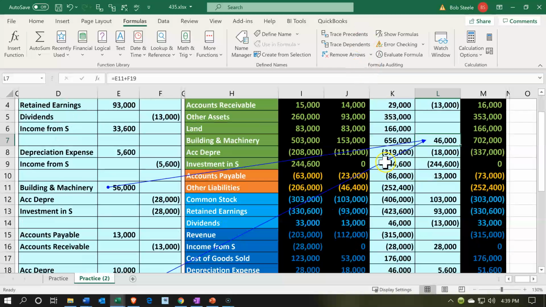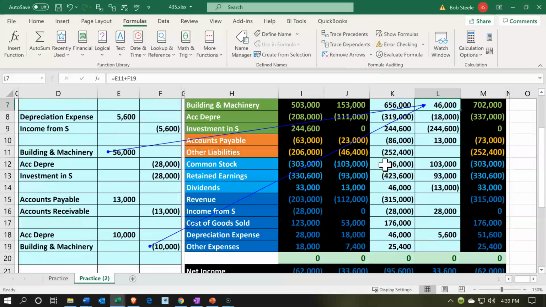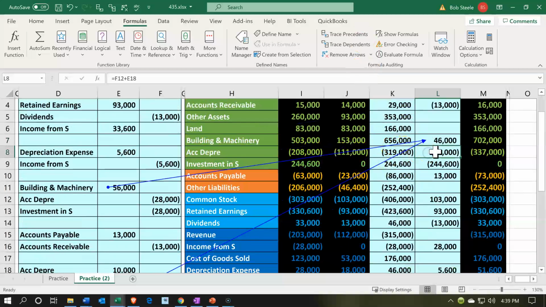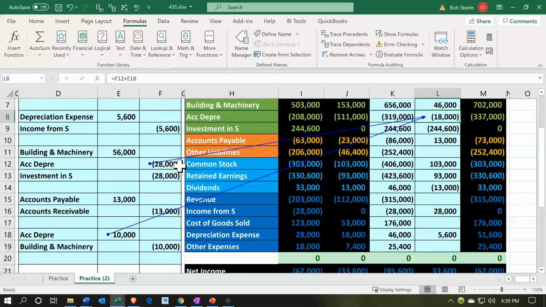So then you can say, okay, what is that made of? It's made up of those two, right? And then we had the depreciation being recorded for basically these items, the 5 years of depreciation plus that adjustment for the first year. We have the investment in S that we took out in a step-by-step type of fashion.